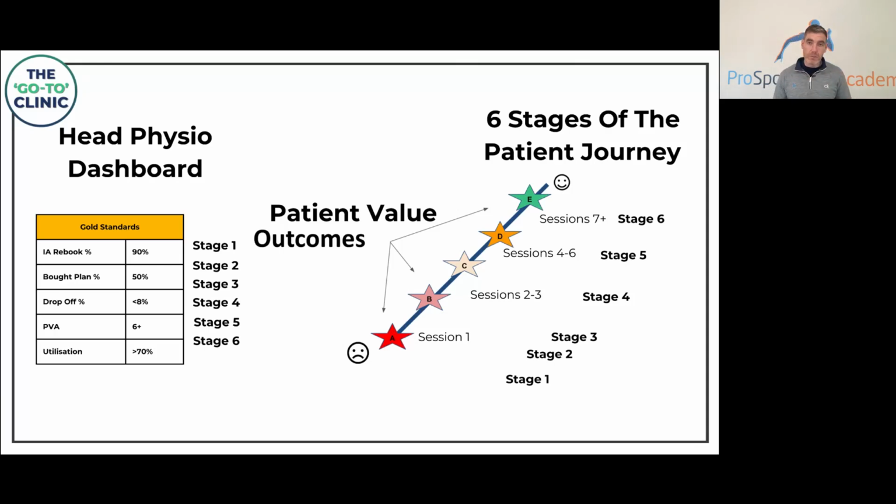Then out of those 50 people, we want to have a clear framework for every session. We want to have a clear plan for every session. We want to make sure the therapist's treatment is aligned with the outcomes and it's clearly communicated what the next step is as well. Okay, so that's your patient visit average. It's not as clean cut as, oh, you just need to do this and it's going to fix it. That's where we need to understand the numbers. We need to correlate those to the 6 stages of what is happening or what isn't happening.